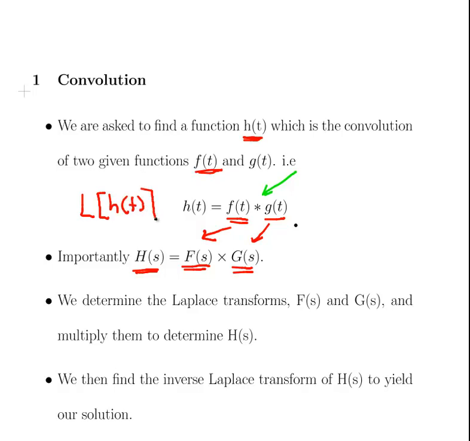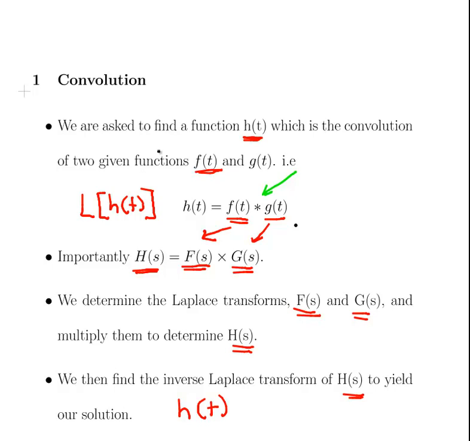So this problem actually gets simple enough relatively quickly. We determine the Laplace transforms f of s and g of s, then multiply them to determine h of s, and then we find the inverse Laplace transform of h of s to yield our solution. The solution we're looking for is h of t. That's what we have to find out.